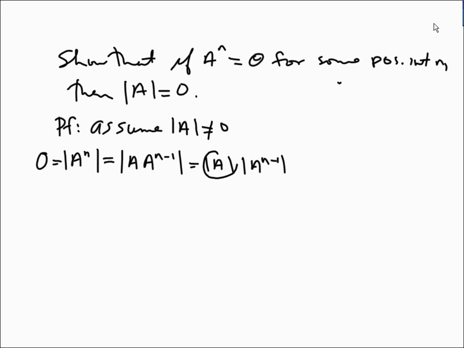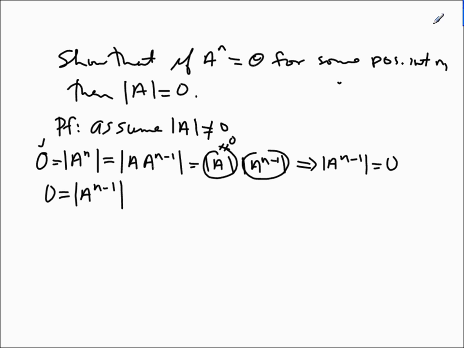Now, these are real numbers, like 7 and 4. Their product is 0, and we're assuming that the determinant of A is not 0. Well, that implies that the determinant of A to the n minus 1 must be 0.